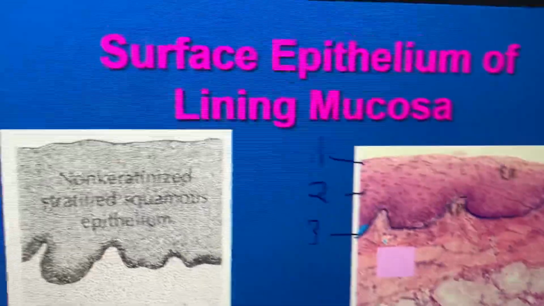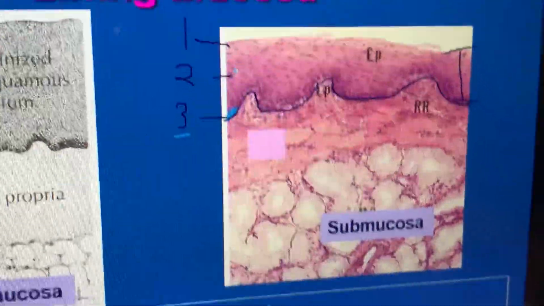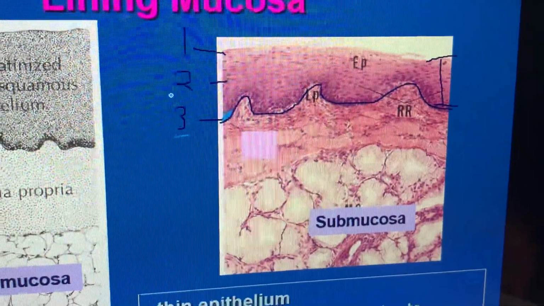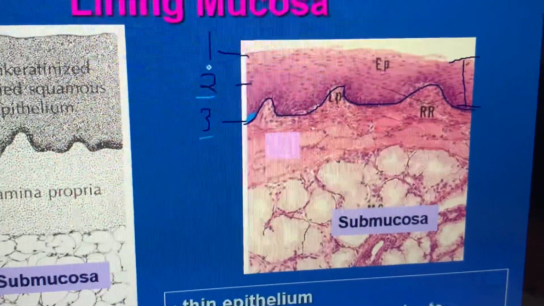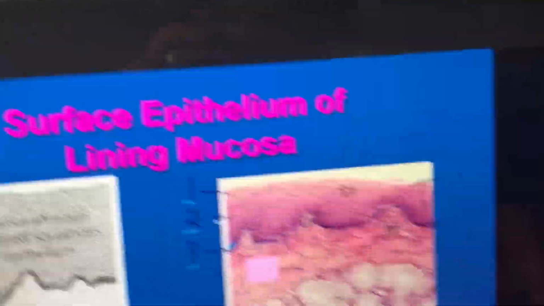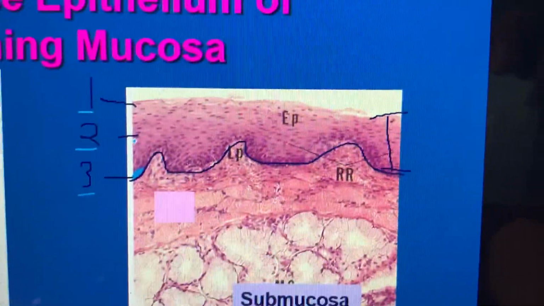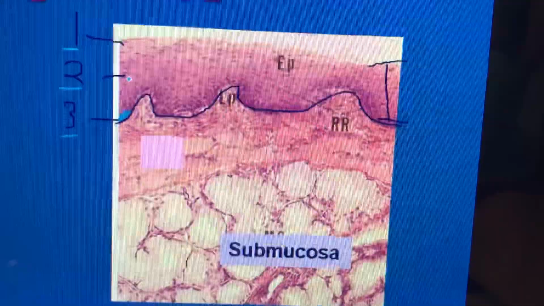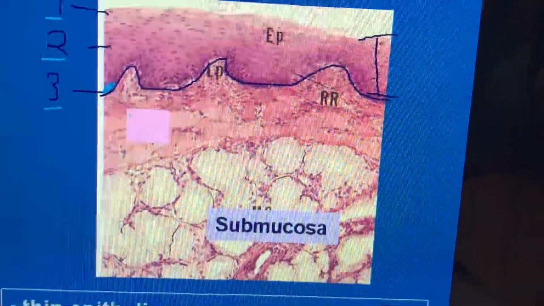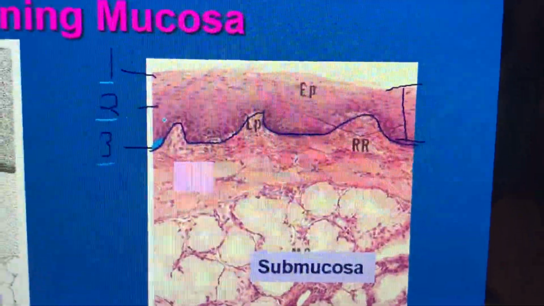Yeah, basal layer is number 3, and then what's the second layer? It's similar to the spinous, but it's not called the spinous. Were you gonna say what it is?